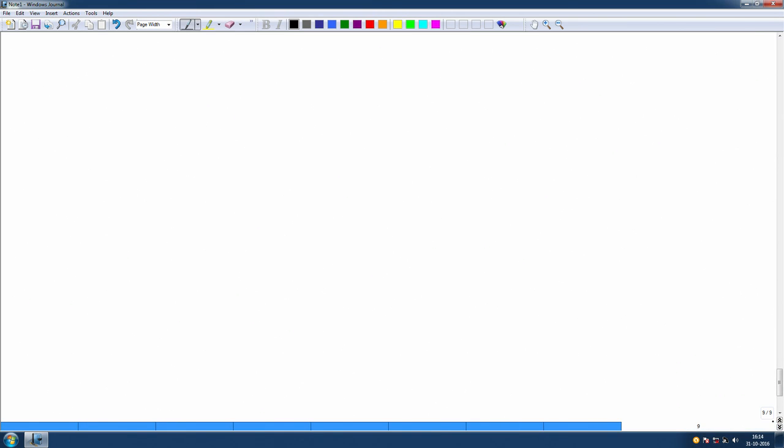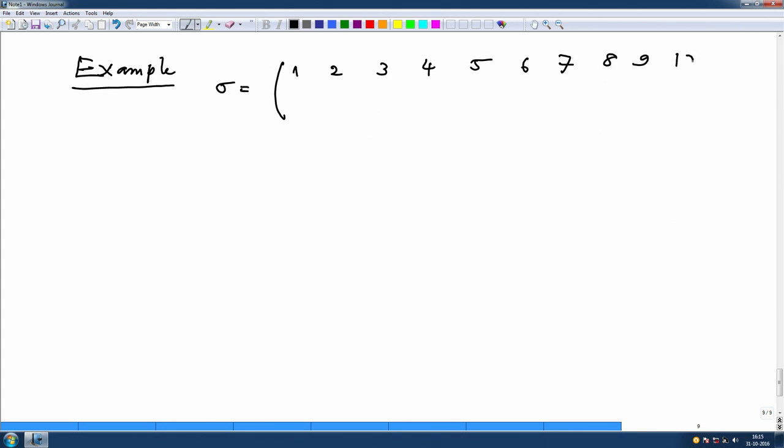Okay, some small example, let us write it. What is the procedure? We will write the recipe. So sigma is a permutation on 10 letters: 1, 2, 3, 4, 5, 6, 7, 8, 9, 10.